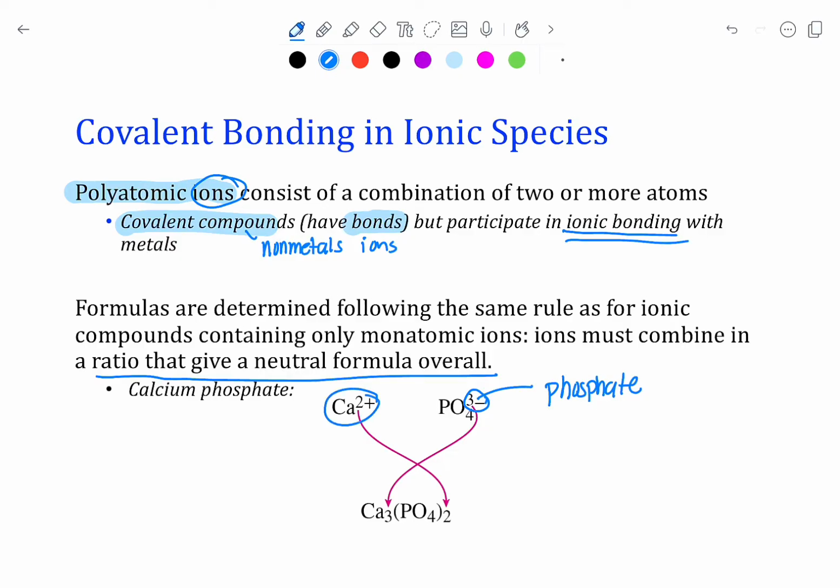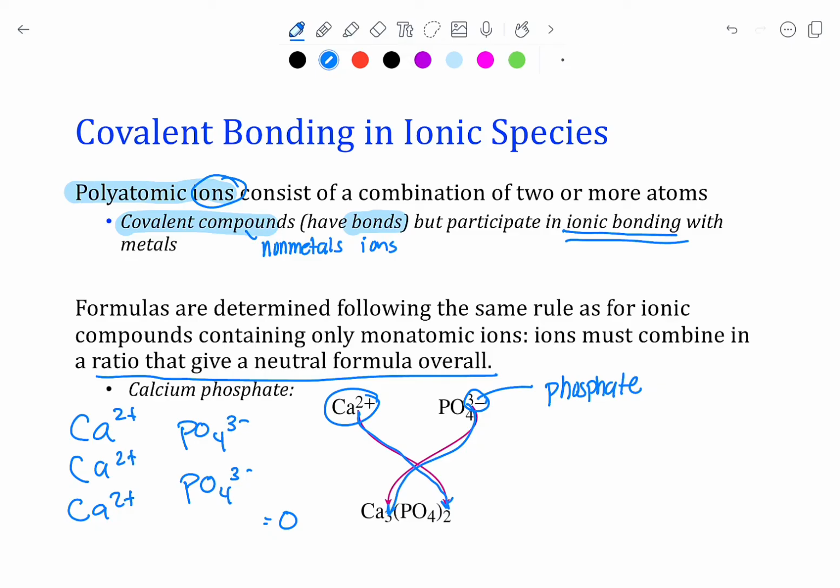So here we have calcium 2+. Okay, so we use our typical crisscross method. So our 3 goes down to the calcium, and our 2 comes down to the phosphate. Because to balance out the charges, I need 3 calciums with 2+ charges and 2 phosphates with 3- charges to create a compound that has an overall neutral charge.